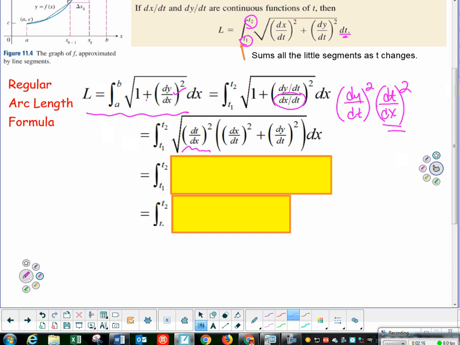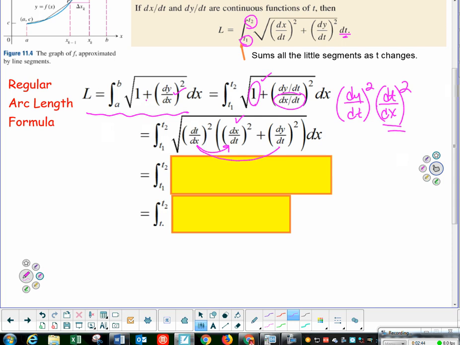Well, then I have to adjust this 1, right? Because this would distribute to each of those. But notice how we're going to put in dx dt, just the reciprocal of dt dx. And when I do distribute through, it becomes 1. So I had to be creative here to make that 1 happen.